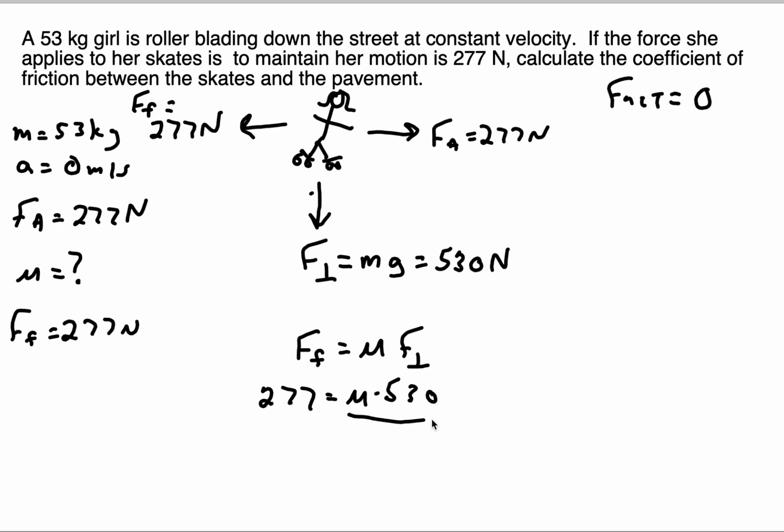To get mu by itself, I just divide by 530. Those will disappear. And then mu would equal 277 divided by 530, just under 0.5, like 0.45.